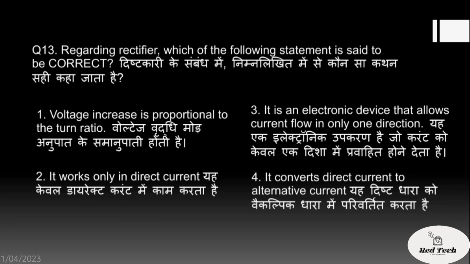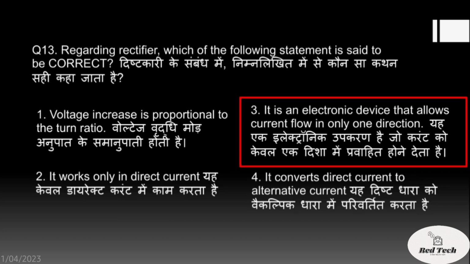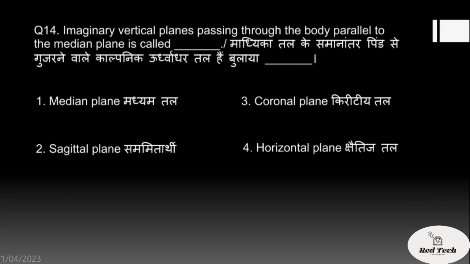Option 3: it is an electronic device that allows current to flow in only one direction. Option 4: it converts direct current to alternating current. So the right answer is option number 3: it is an electronic device that allows current to flow in only one direction.